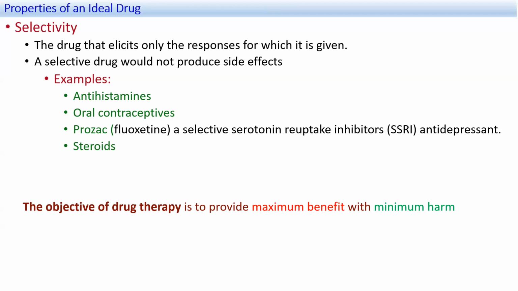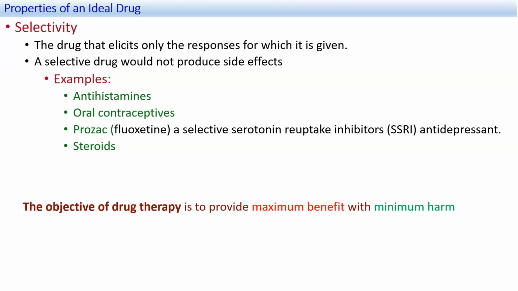Antihistamines: you give an antihistamine to control or prevent an allergic reaction. Patients sometimes go to sleep after taking medications like Benadryl, for example. The sleep wasn't intended. Becoming sleepy is a side effect of the antihistamine group.